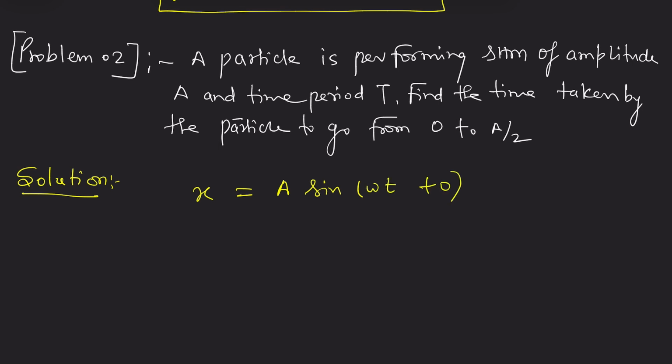The phase constant we write as 0, because it is crossing the mean position and going towards the positive direction. And of course x naught will be 0, because the origin has been taken as the mean position. So I have directly written the equation that we have to follow: x is equal to A sine omega t.